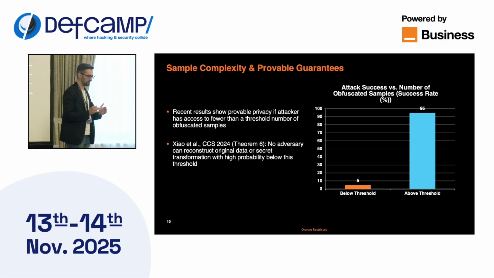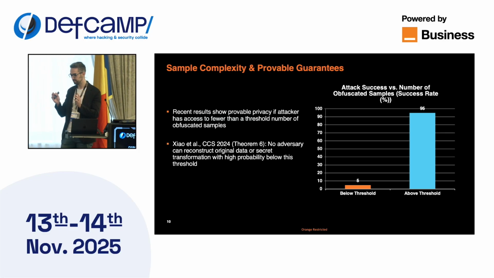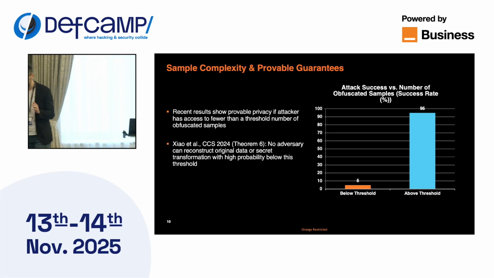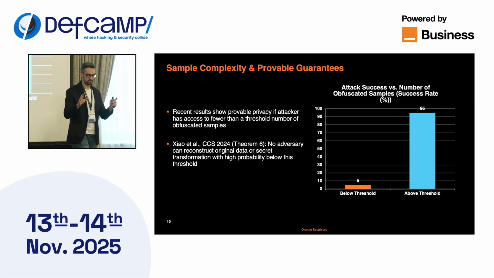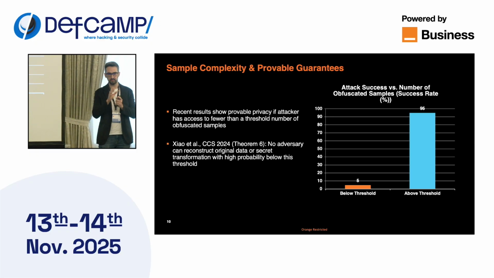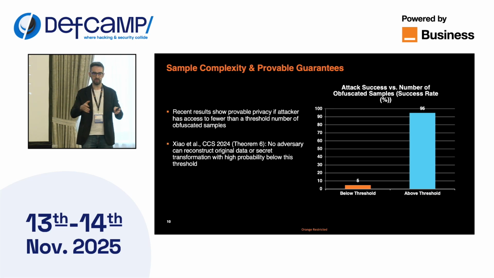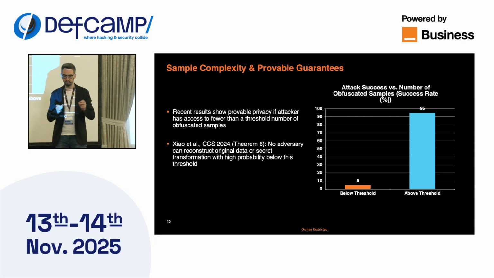In a nutshell, this is how they model security. Like I said, a general learnable obfuscation method is composed of three building blocks. We have masking, adding random images. We have mixing multiple samples, images together, and we have permutation.